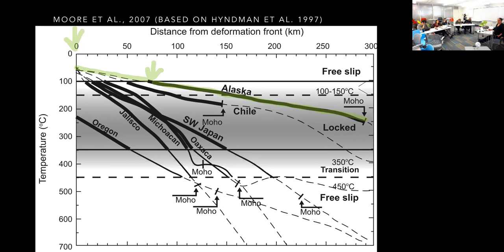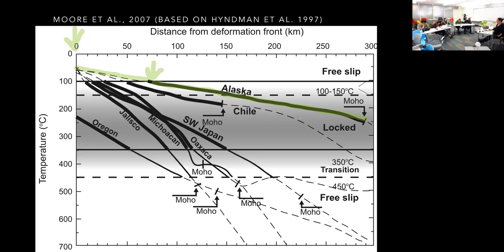So for Alaska, that's a really big plate interface. And that's because it's relatively cold. So that means that the shallower the dip and the colder it is, the longer the plate will be in that brittle zone. And effectively, that makes more fault area available for rupture. So your rupture magnitude, your potential magnitude can be greater.